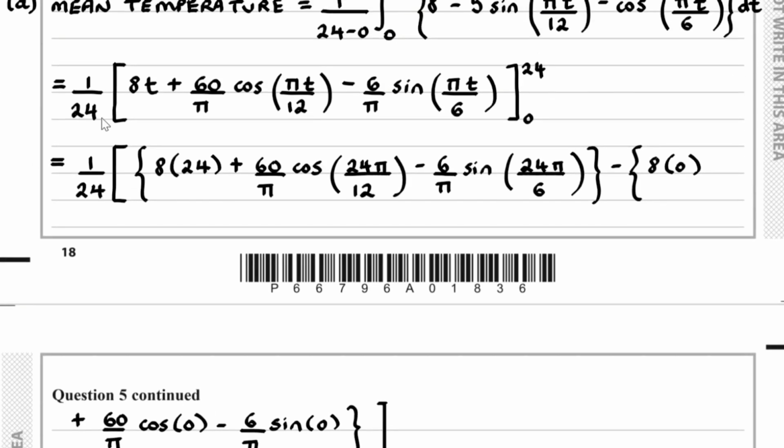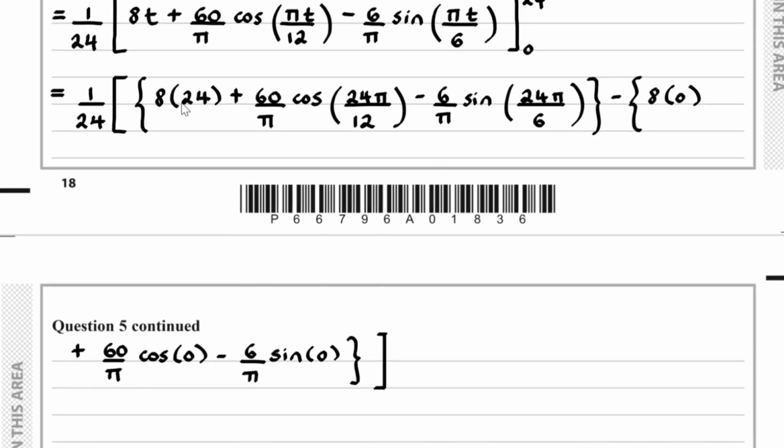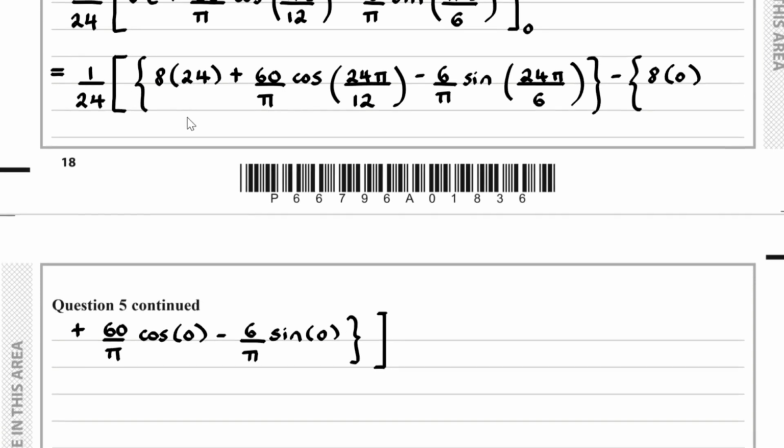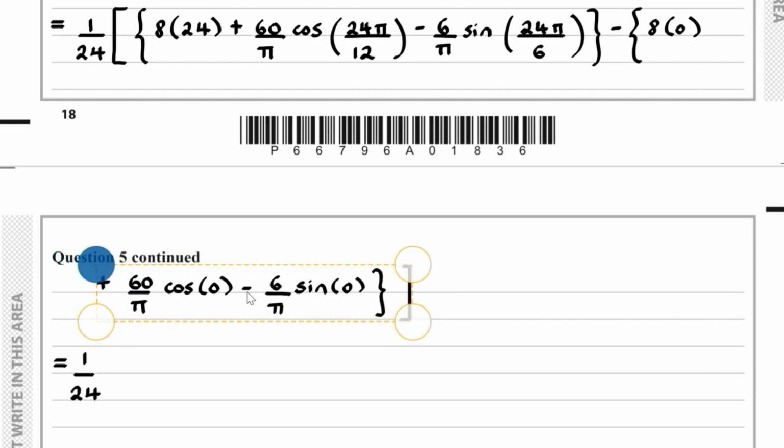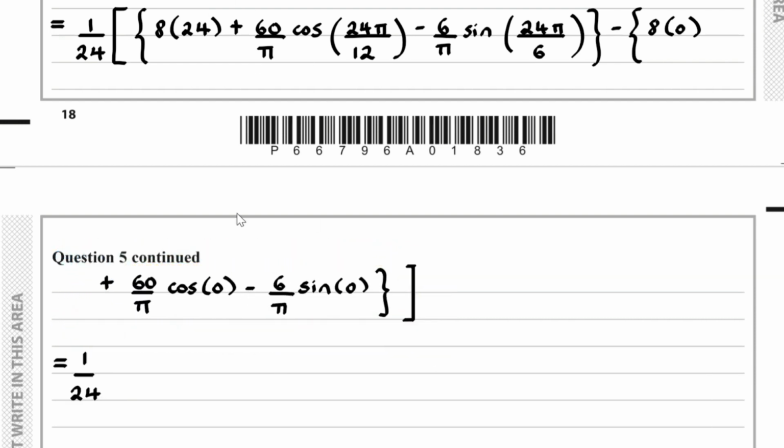So for the upper limit, we have 1 over 24 times, well, let's just leave this as it is.